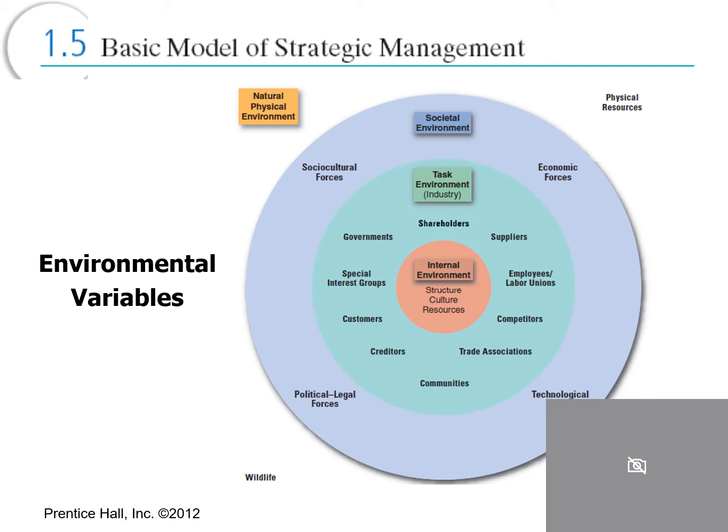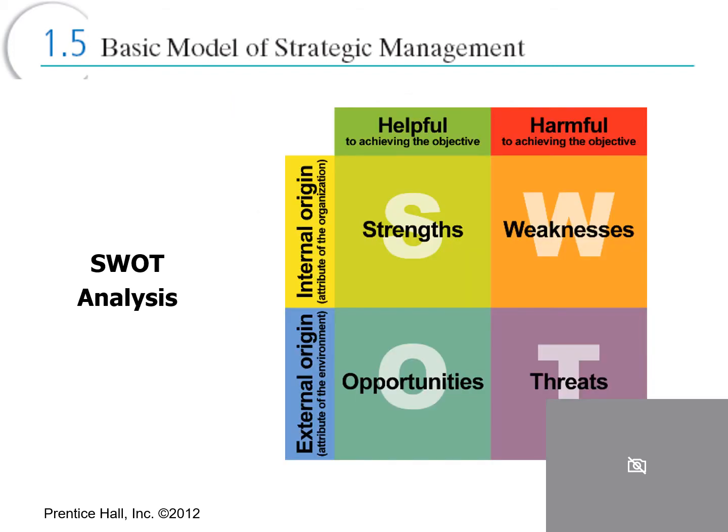Okay, societal is about the country level, and the task environment focuses on the industry level. So the external analysis and internal analysis will bring you a SWOT analysis. Okay, and later on after the midterm, we're gonna discuss the application of the TOWS matrix that you're gonna use for the strategic formulation.